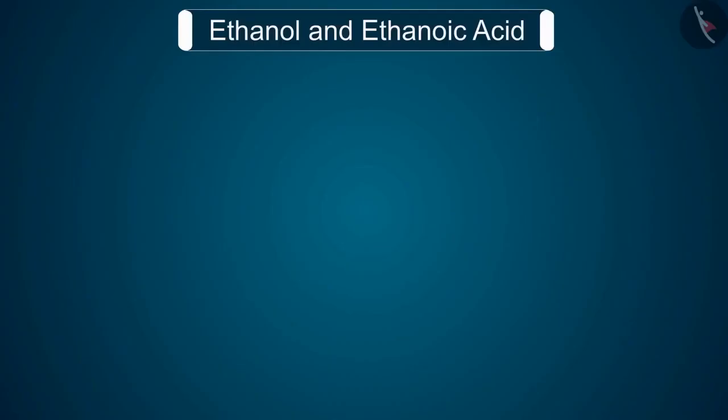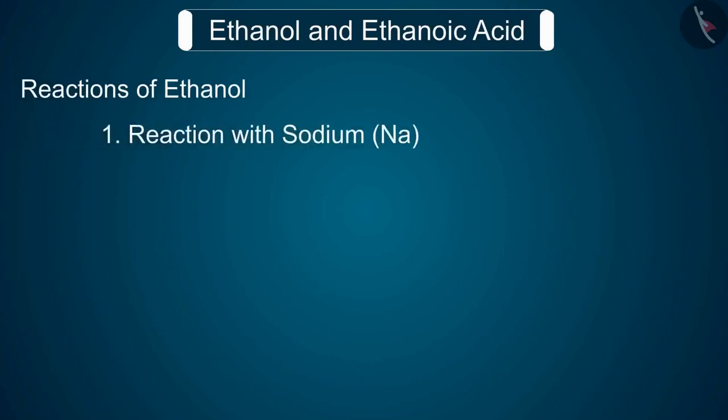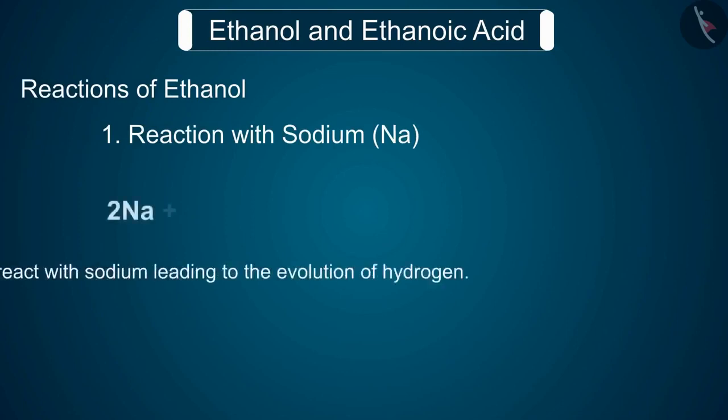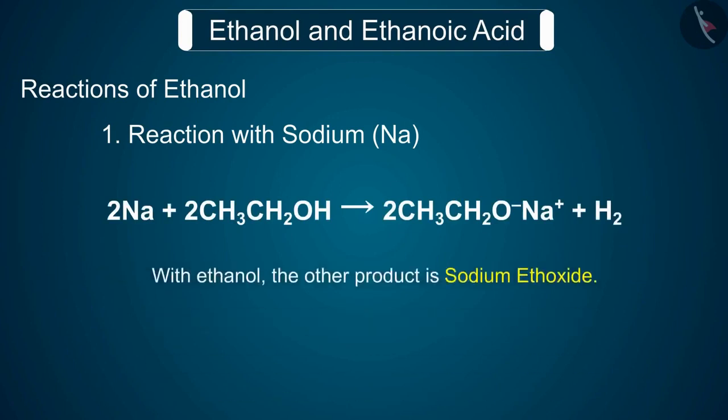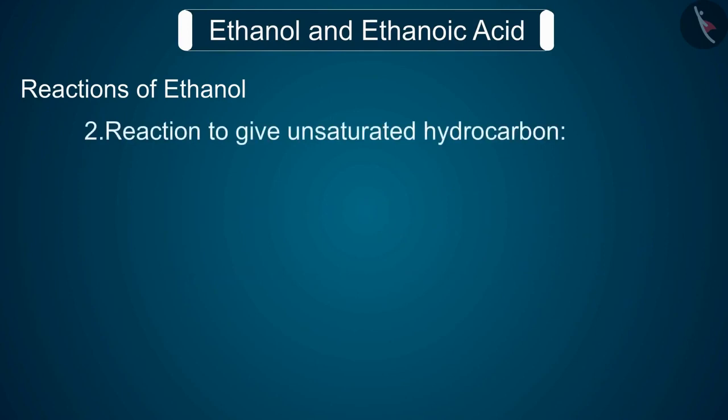We will now discuss the reactions of ethanol. 1. Reaction with sodium, Na. Alcohols react with sodium, leading to the evolution of hydrogen. With ethanol, the other product is sodium ethoxide. 2.